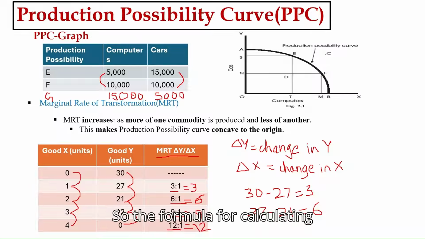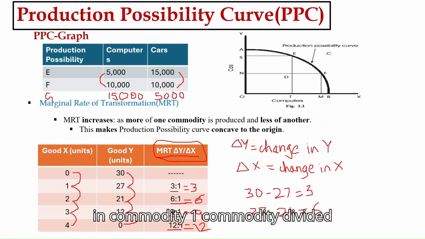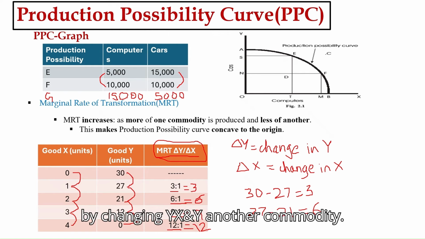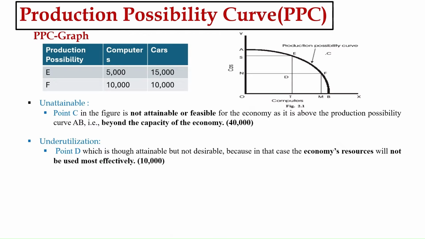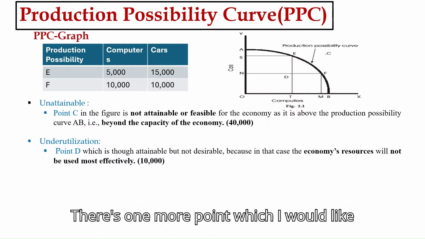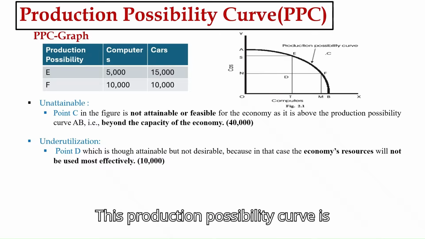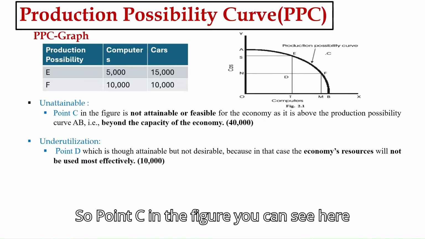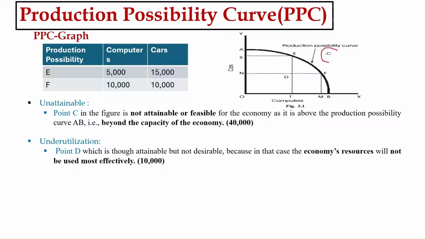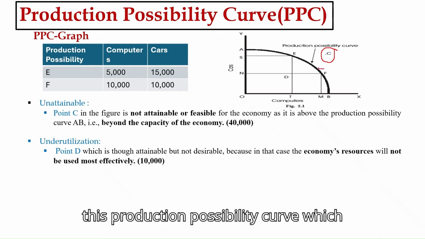So the formula for calculating MRT is nothing but the change in one commodity, Y, divided by the change in the other commodity, X. There is one more point I would like to explain here. You can see this production possibility curve. Point C in the figure is above the production possibility curve.